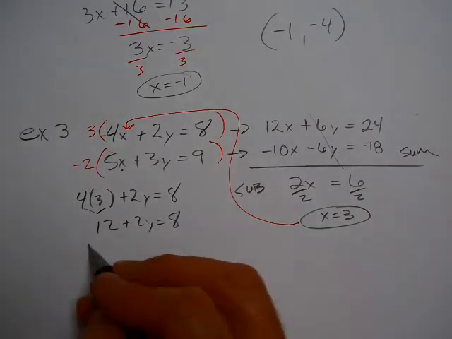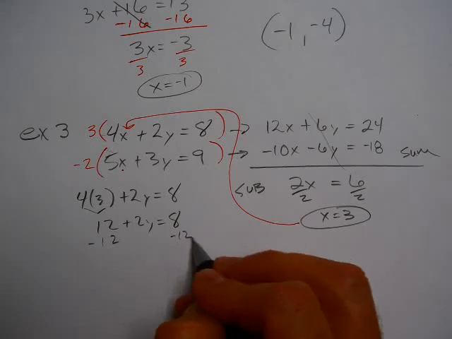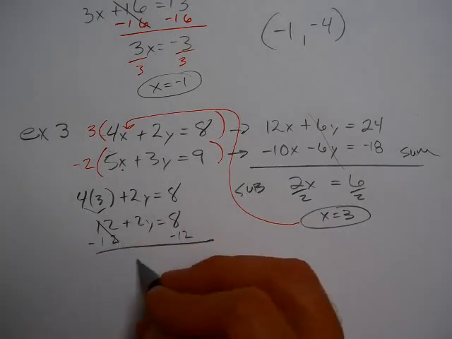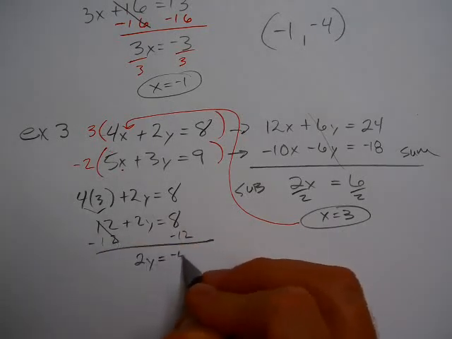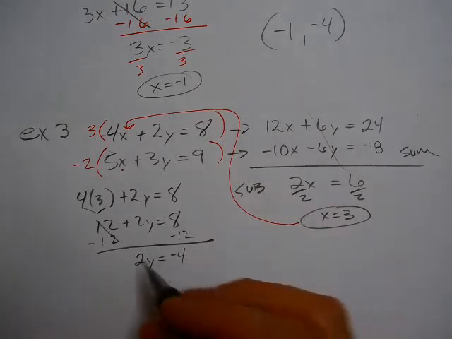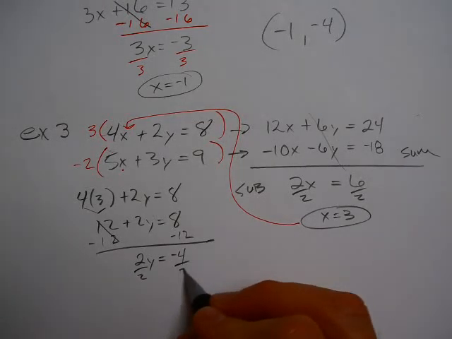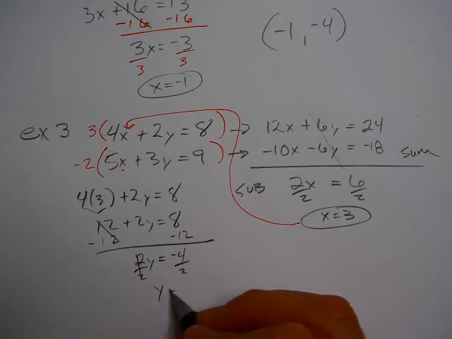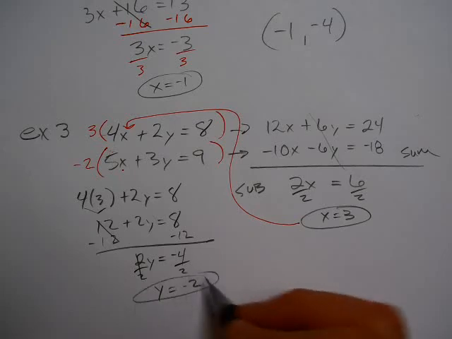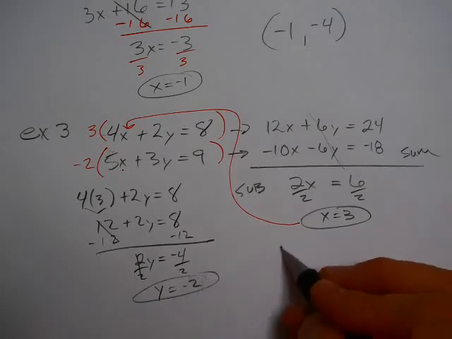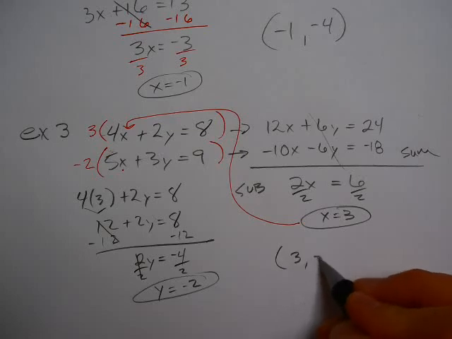I'm going to subtract the 12. 2y equals negative 4. And now I divide by 2. Y does equal negative 2. So my point where the two lines cross is 3, negative 2.